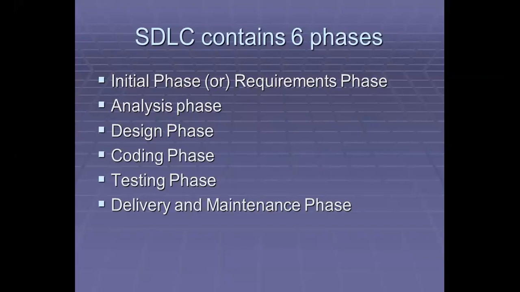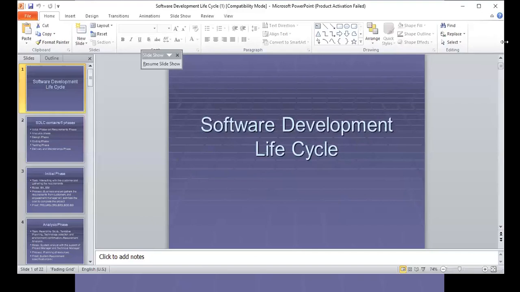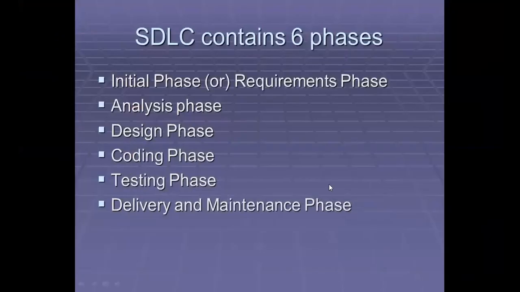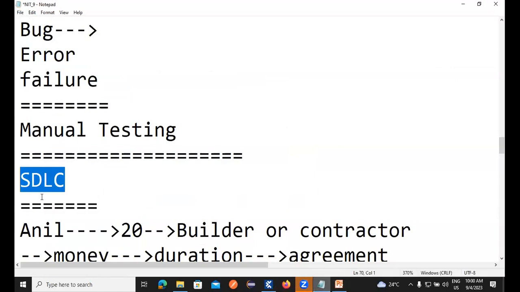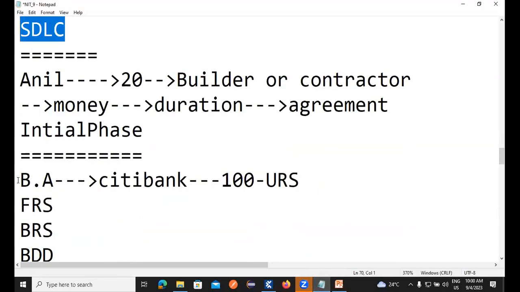What kind of job do those people do? Three questions: first, what is the initial phase; second, who will be there in this initial phase; third, what kind of job do they do. In this initial phase, the business analyst is there. What kind of job does the business analyst do?